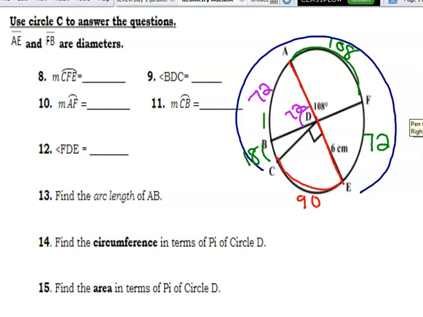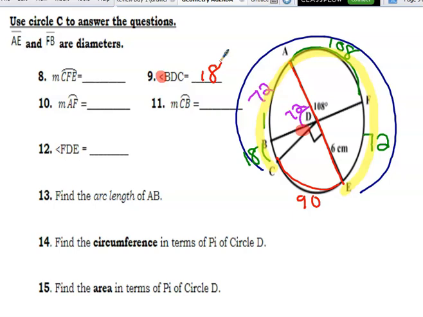All right, so CFE. I'm going to highlight CFE, that whole thing. So I have to add up all those and figure out what that measurement is. All right, and then BDC. They're just asking what this little one is, what the angle is, which would be 18 degrees.